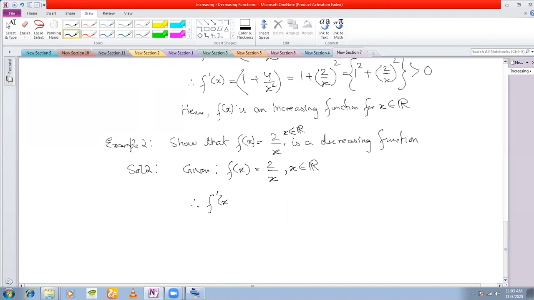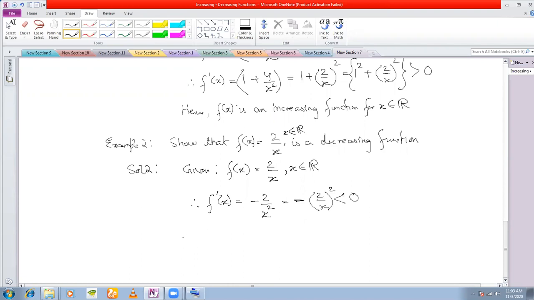Therefore, what is f dash x? F dash x is minus 2 by x square, which can be written as minus 2 by x whole square... Now see, 2 by x whole square is always positive, right? But with a negative sign here, that means this always has to be negative. For whatever values of x, this has to be negative.